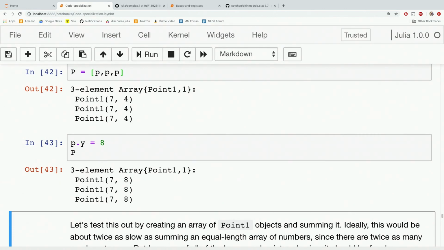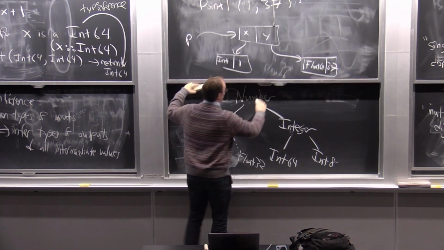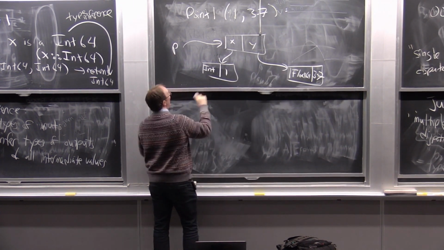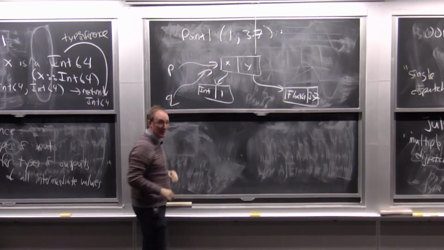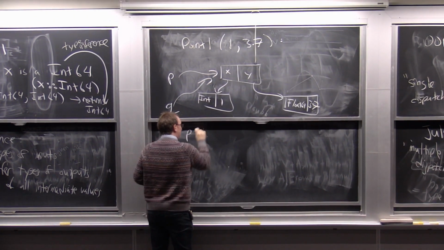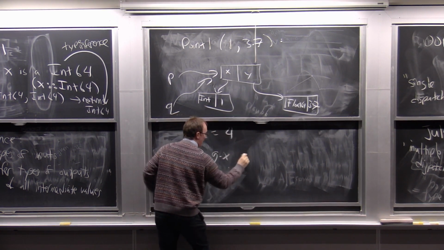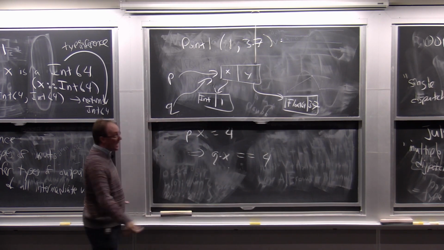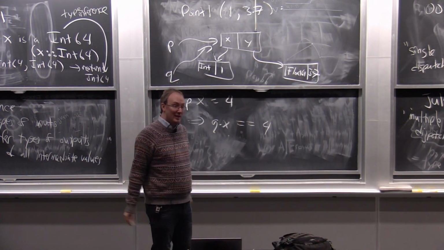In general, if I have a q that's also pointing to the same object, and I say p.x equals 4, then q.x had better also be 4 at that point.